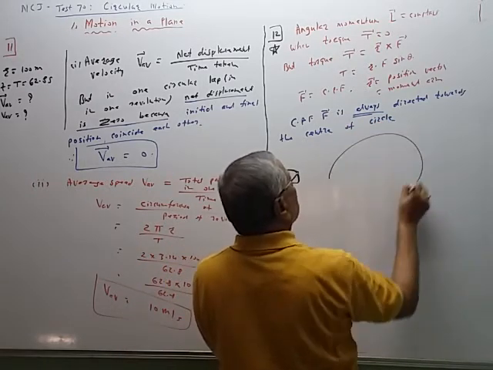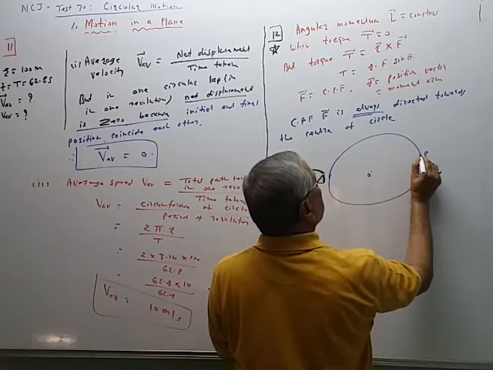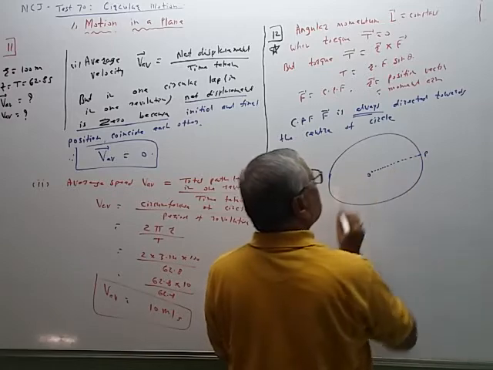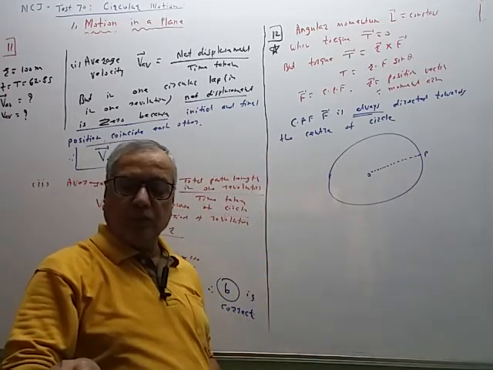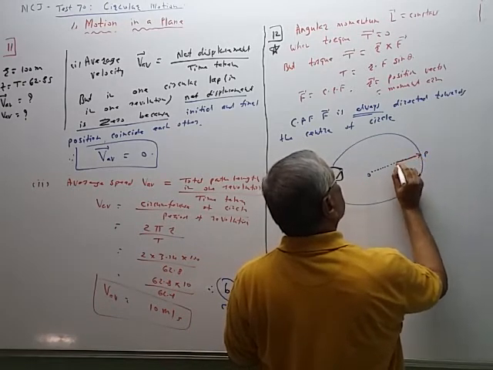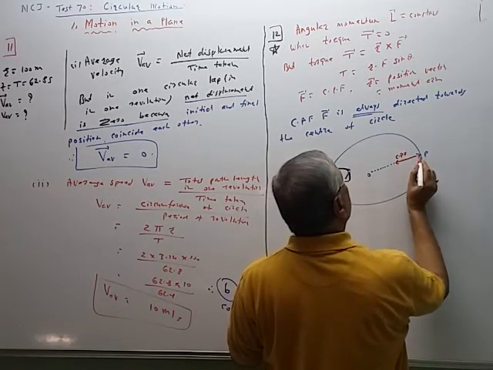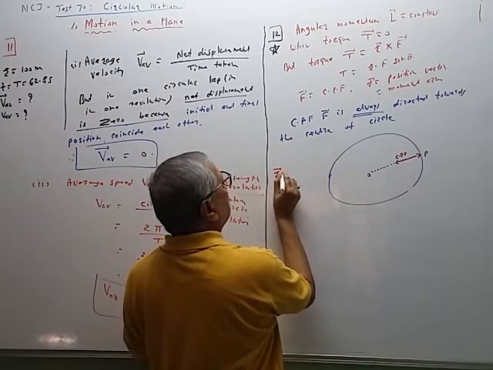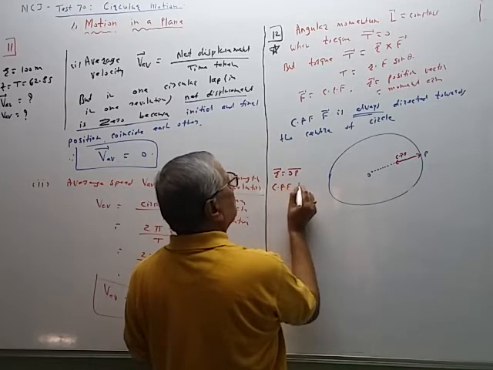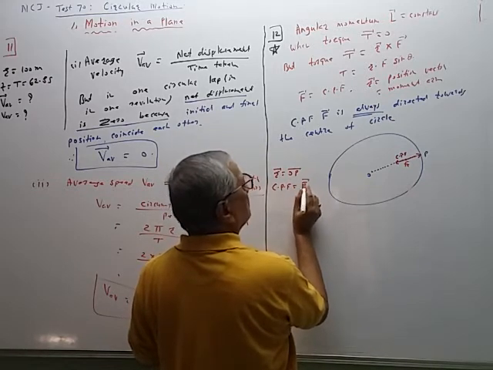So if we consider the circular motion like this, if this is the center O and this is the position of the particle P, then R is in this direction, position vector R, and the centripetal force vector is in this direction. So vector R is equal to vector OP, and centripetal force is equal to Fc or F.